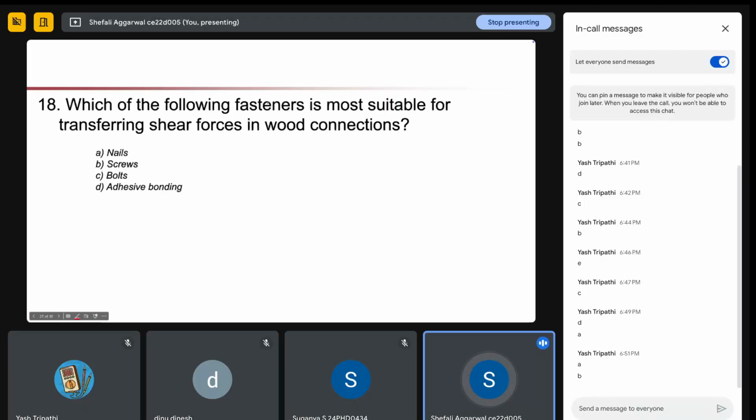Which of the following fasteners is most suitable for transferring shear forces in wooden connections? Nails, screws, bolts or adhesive bonding? Any guesses?